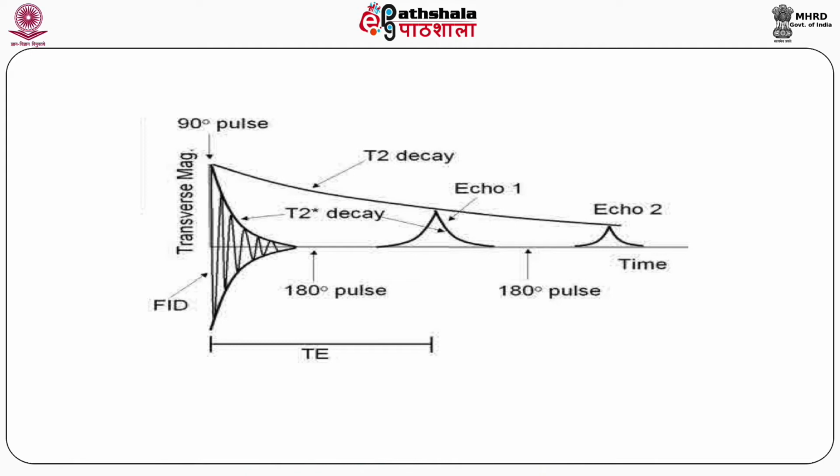You can see here the time in which transverse magnetization decays to 37% is called T2. In case of longitudinal magnetization, this is the time in which longitudinal magnetization recovers 63% of its original value.